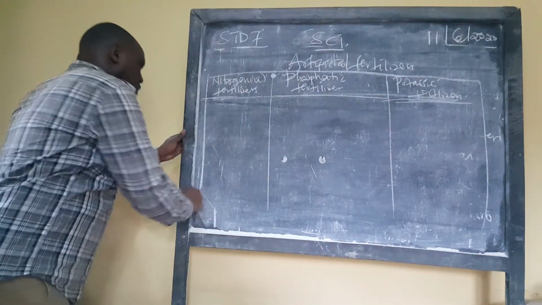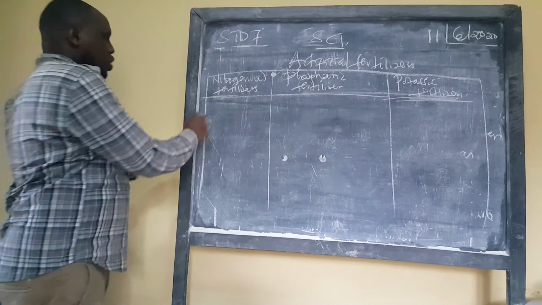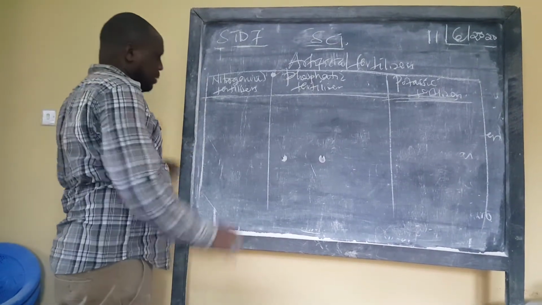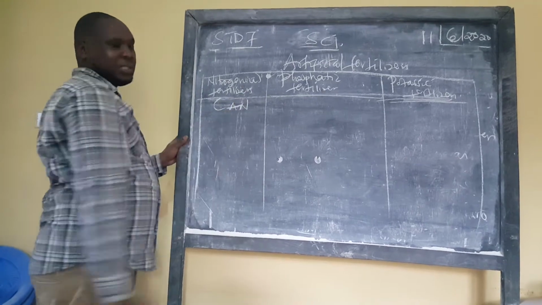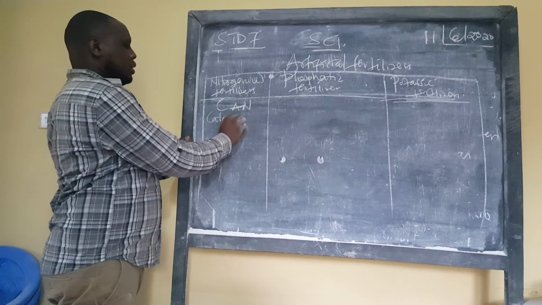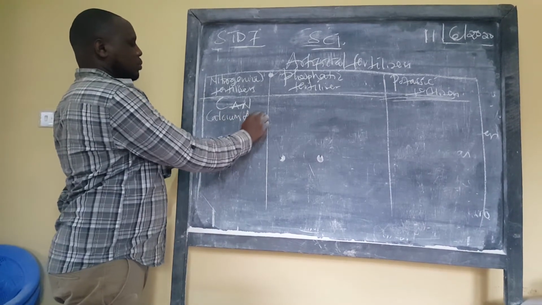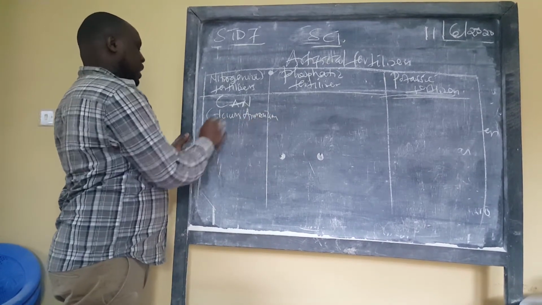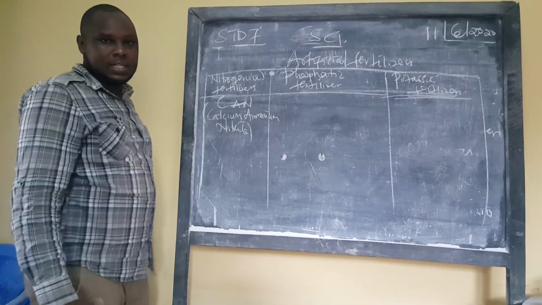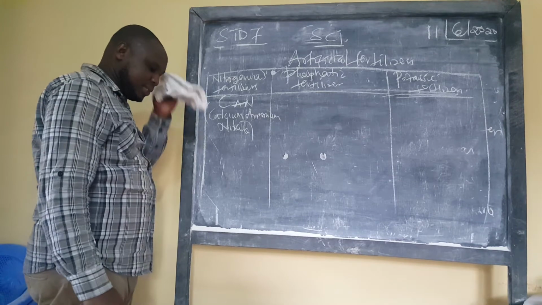So in this case where we have nitrogenous fertilizers, we have number 1 what we call the CAN, calcium ammonium nitrate. I've been talking about it. It's a nitrogenous fertilizer. So this means calcium ammonium nitrate is a top dressing fertilizer and is a nitrogenous fertilizer at the same time.